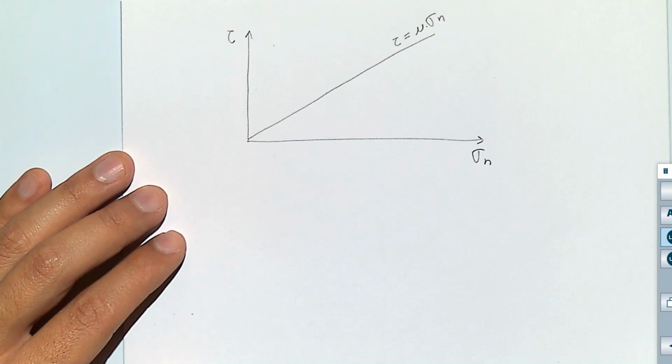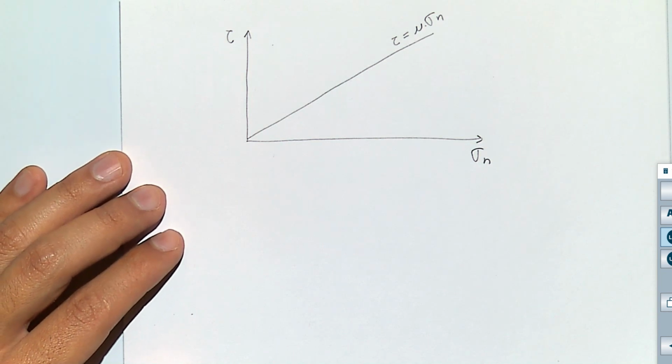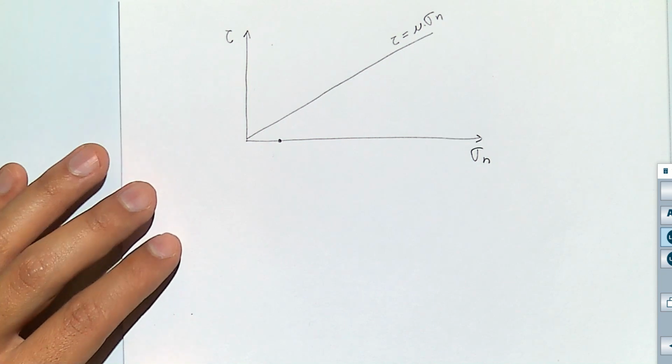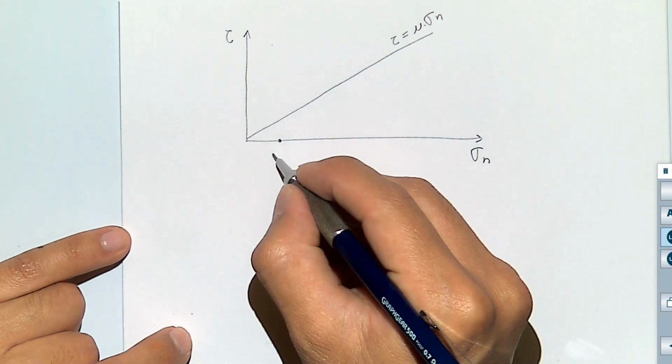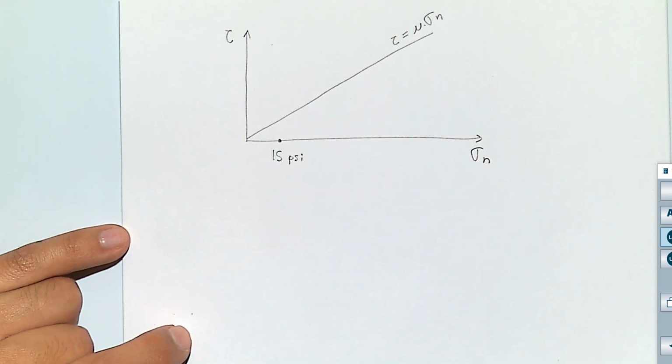On Friday, what I'm going to show is that we can have a non-consolidated granular material at a given pressure or a given confining stress. We'll do this with atmospheric pressure.